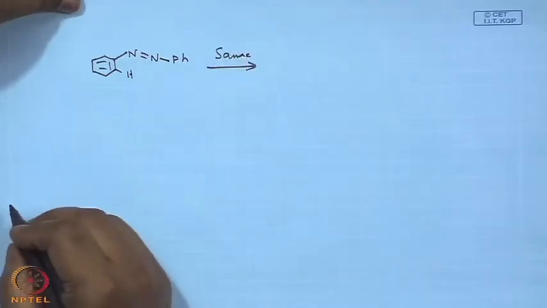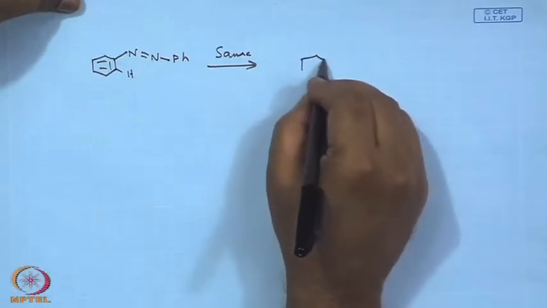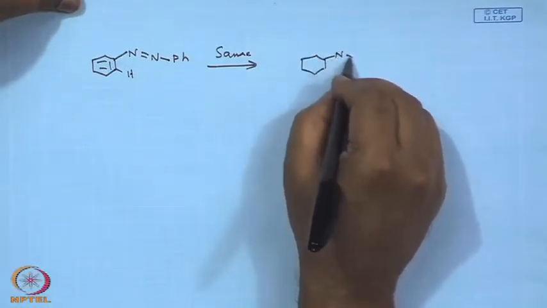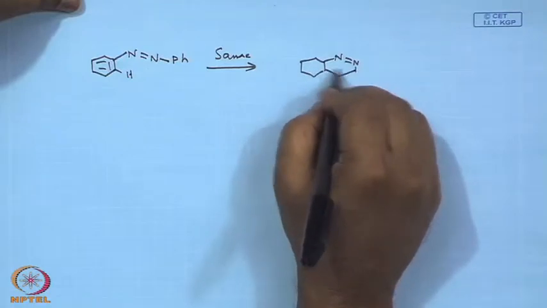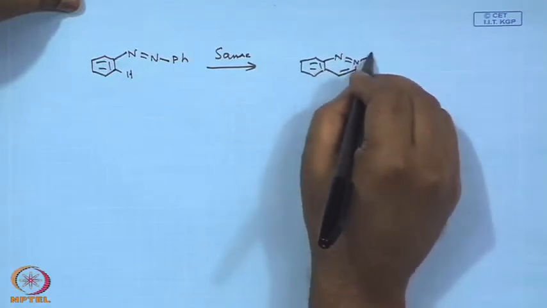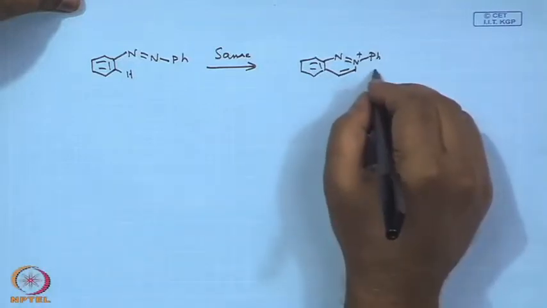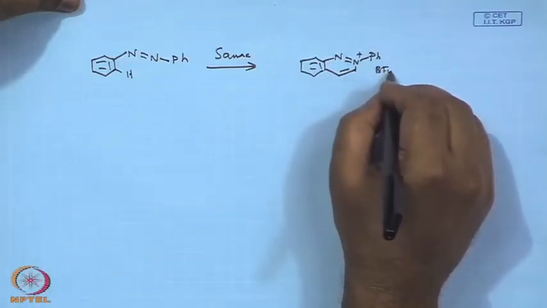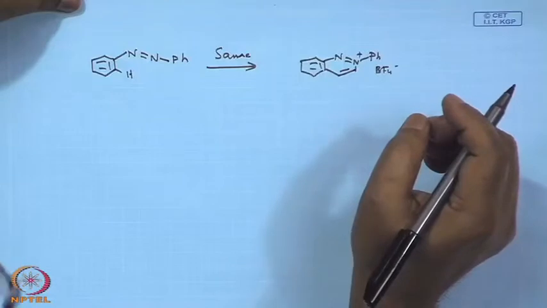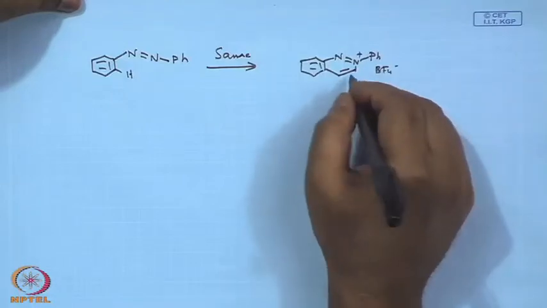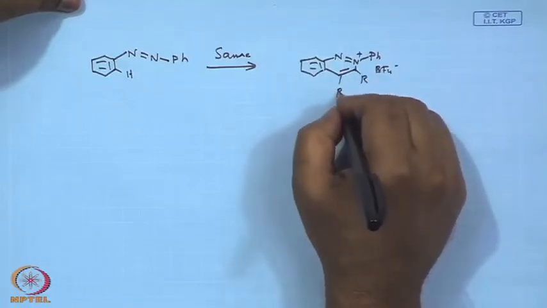So, what you would be expecting now is an isoquinolinium salt here, but with the phenyl group here, and the corresponding counter ion, in this case perhaps tetrafluoroborate. And this is R here, R here, R here.